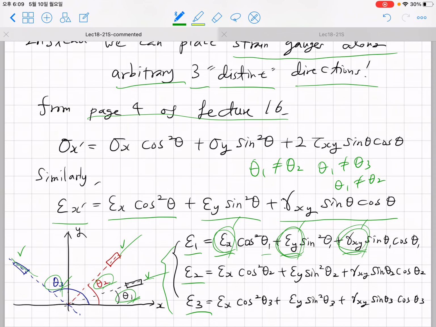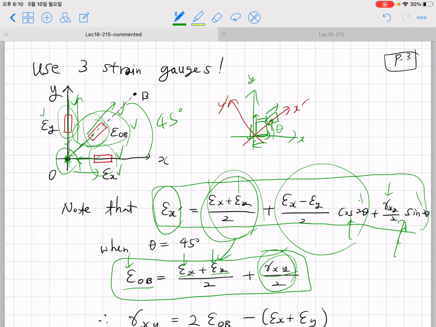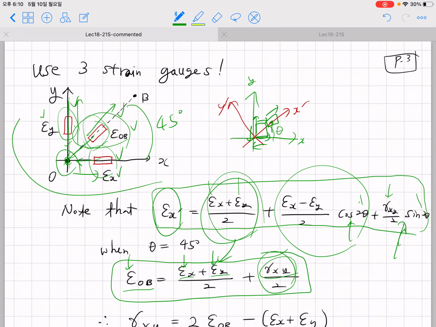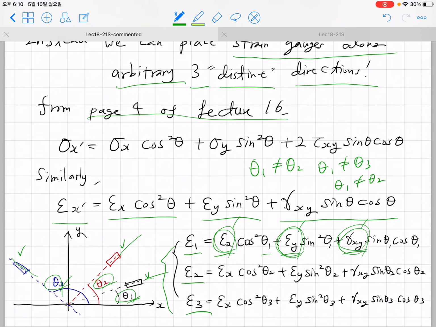Of course, the simplest method is this arrangement of 3 gauges: x, y, and 45 degrees. This will have the smallest error in the presence of measurement error. Why is that?